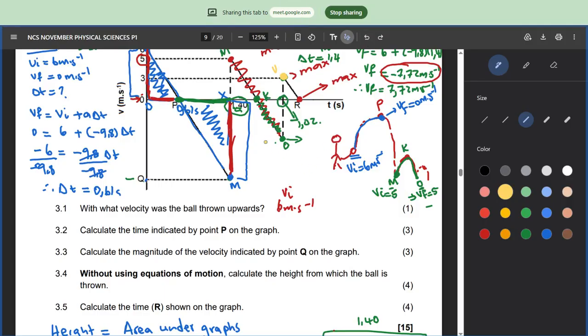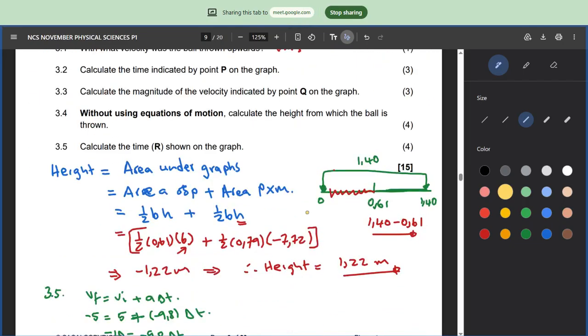It's given as 3. So my V initial there is 3. And then my V final here is 0. Then let's use this information to calculate the time at R.